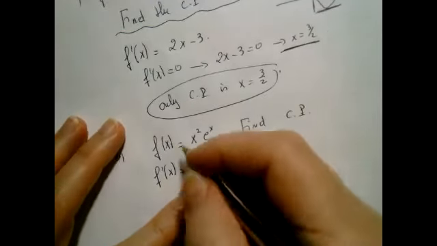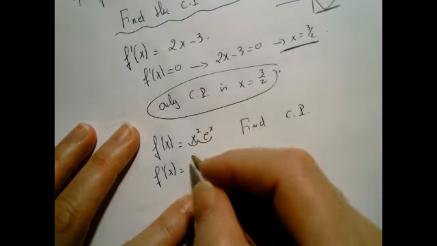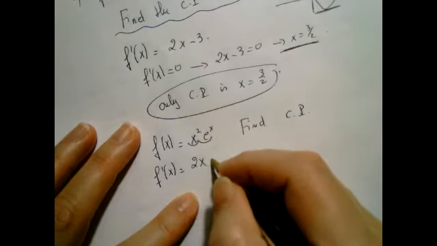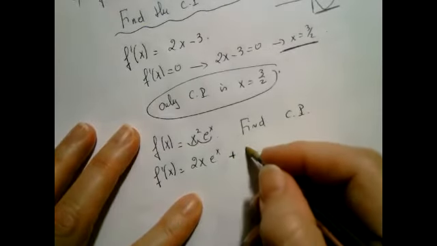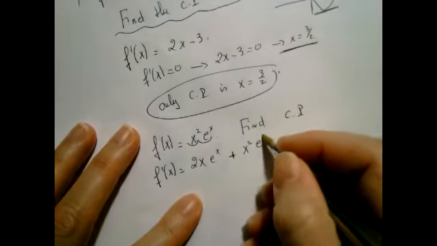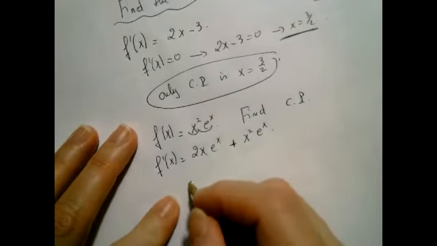What is f prime? That's a product of two functions. f prime is the derivative of x squared, which is 2x, times e to the x, plus x squared e to the x. And I'm going to set this equal to 0.